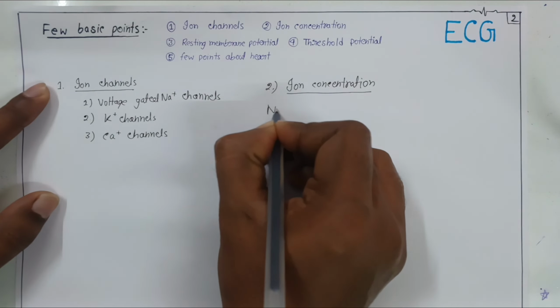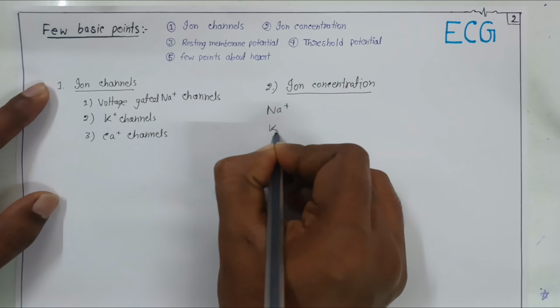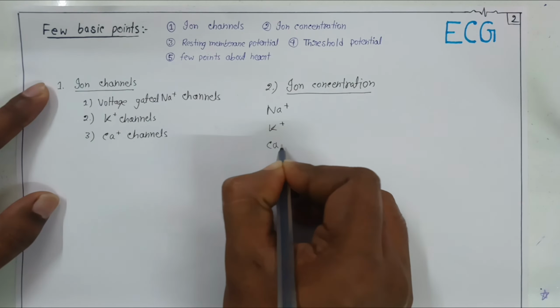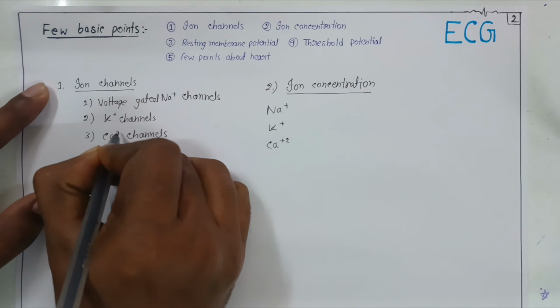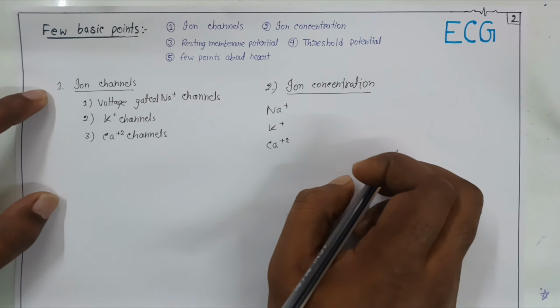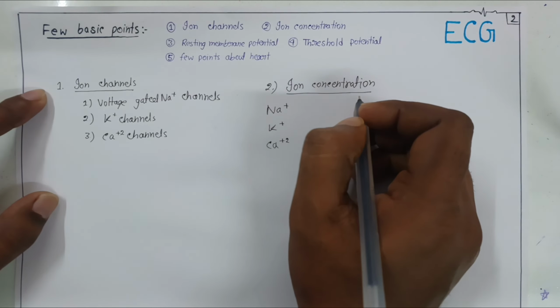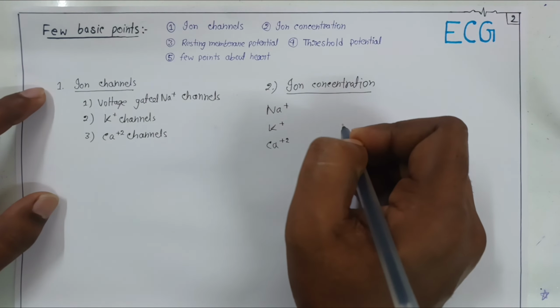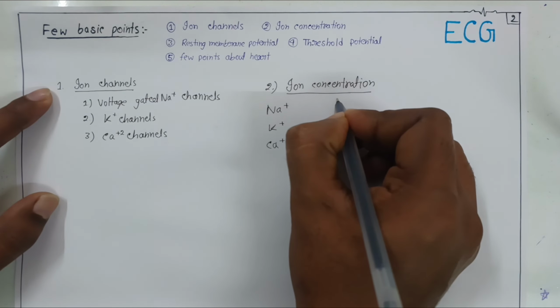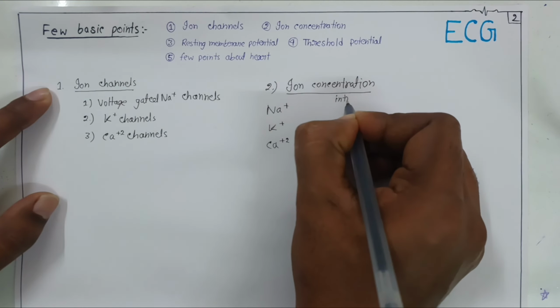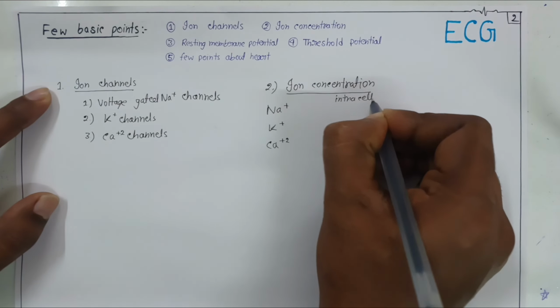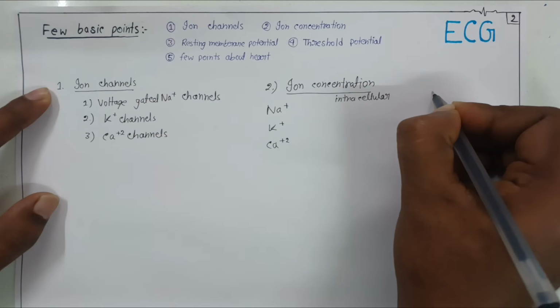These are sodium ions, potassium ions, and calcium ions. So intracellular and extracellular concentration of these ions are important.